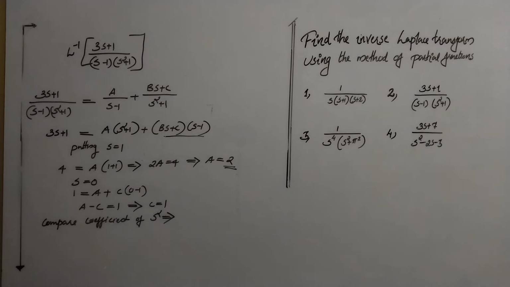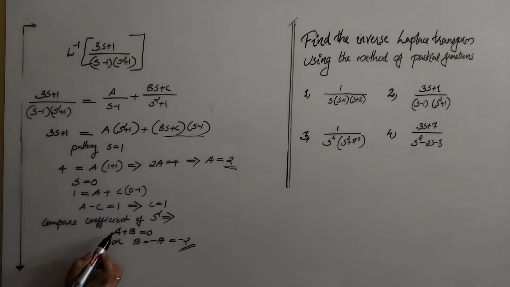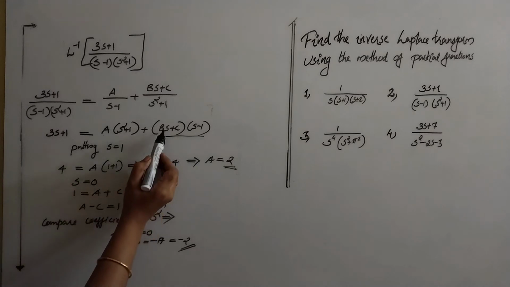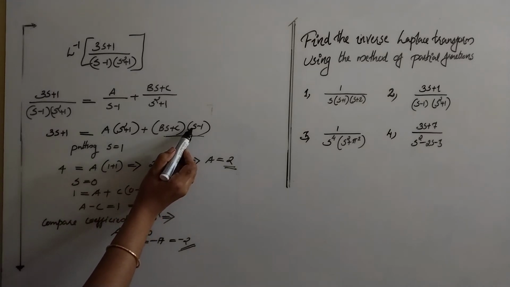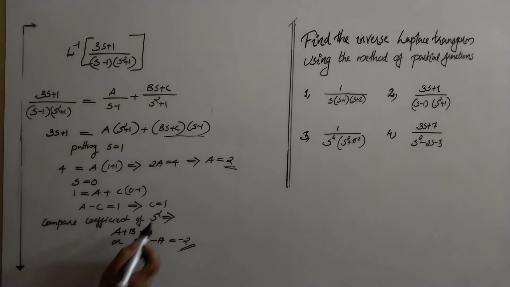This implies a plus b is equal to 0, or b is equal to minus a, which is minus 2. Here the coefficient of s square is a plus b into s square, so the coefficient of s square here is b.